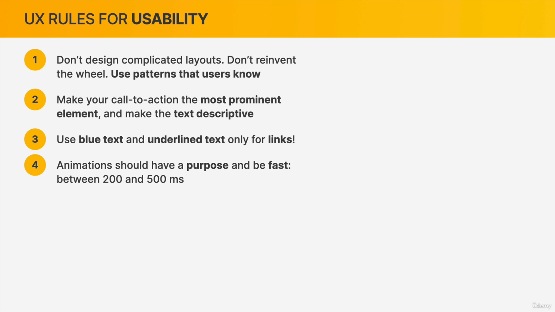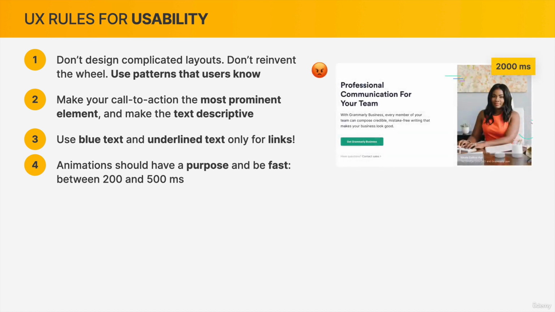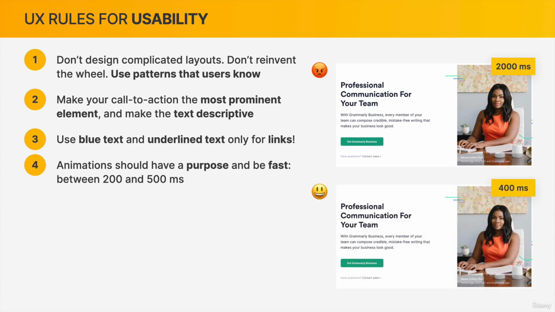So no one wants to wait for some animation to finish, right? Just take a look at this image here fading in for 2 whole seconds. That looked really sluggish, right? Like not professional. On the other hand, the next animation only takes 0.4 seconds, and that looks just right, if you ask me.